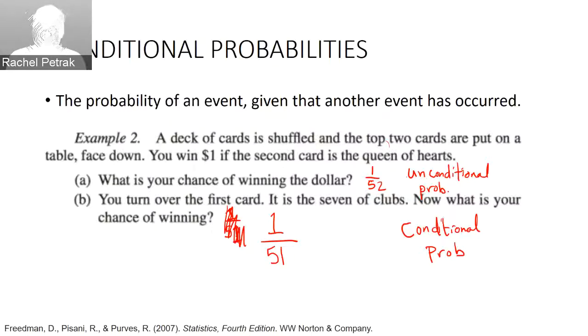So you might be asked about the probability in a second chance, like we see here in B: you turn over the first card, it's the 7 of clubs. Now what's the chance of the second card being the Queen of Hearts? It's conditional because the condition is that they go in this order.